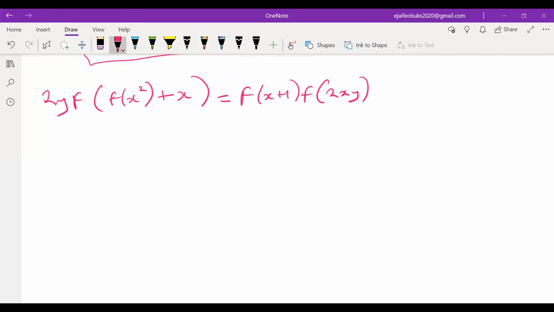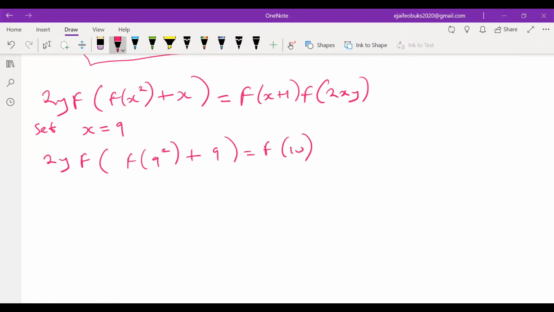Supposing we set x equals 9. We're trying to locate f of 2 now. So 2y times f of 9 squared plus 9 is equal to f of 10 times f of 2 times 9 times y.